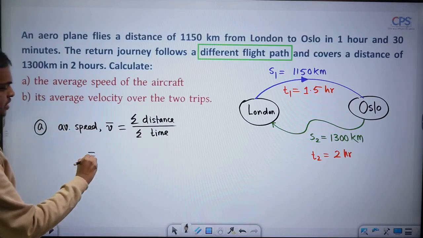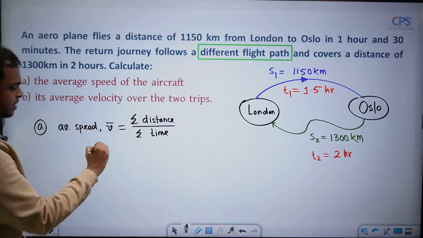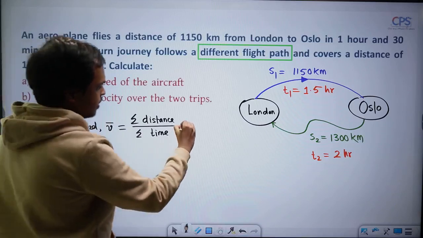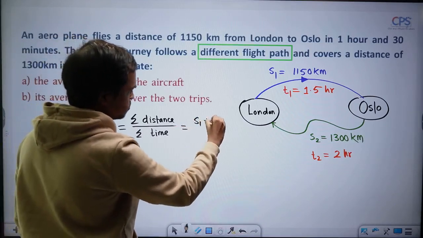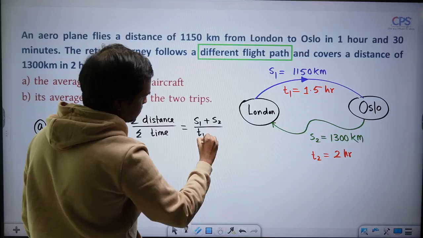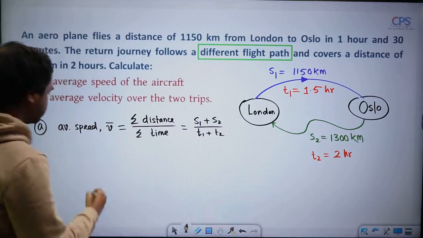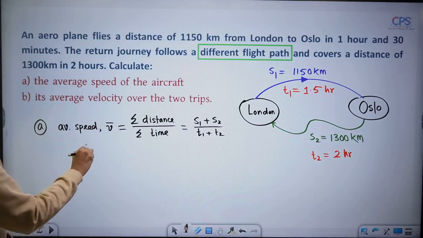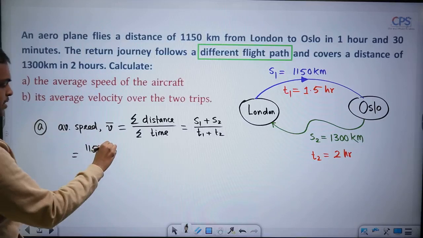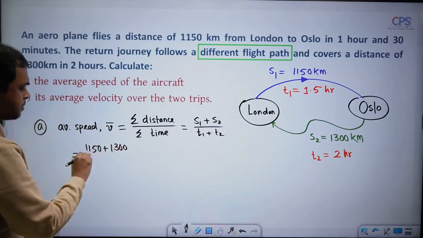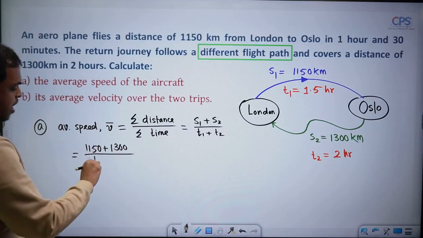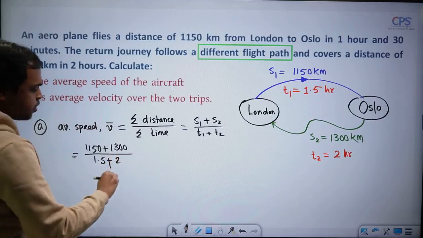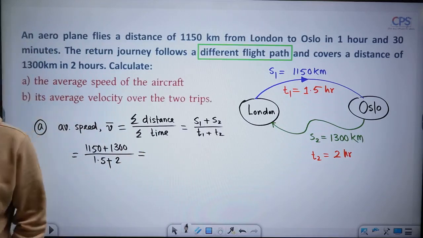It's S1 plus S2 over time 1 plus time 2. So 1150 plus 1300, divided by 1.5 hours plus 2 hours. Let's see what happens.